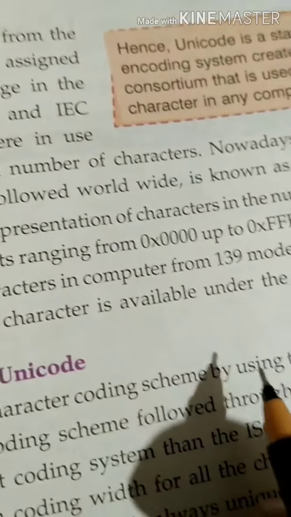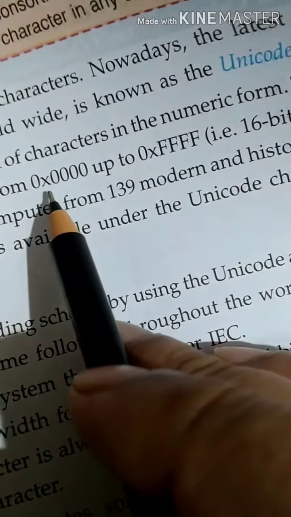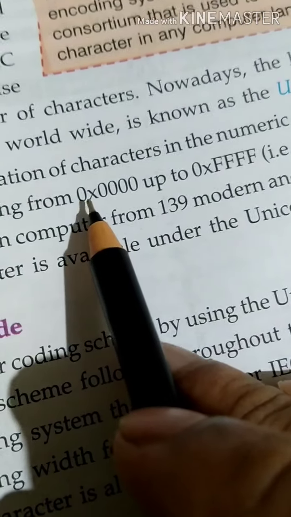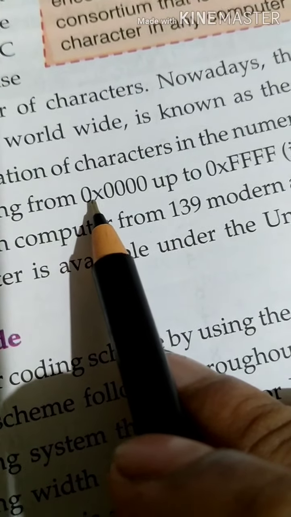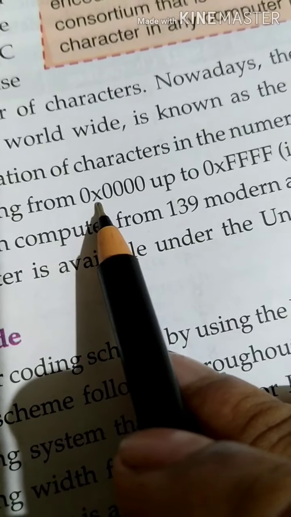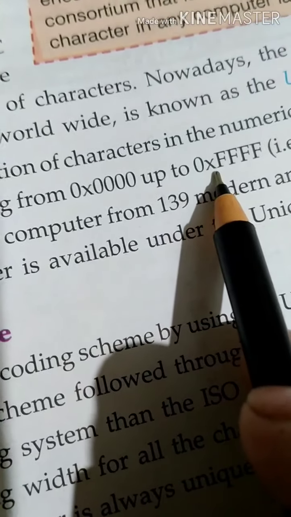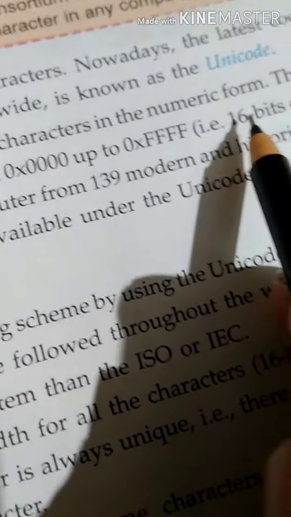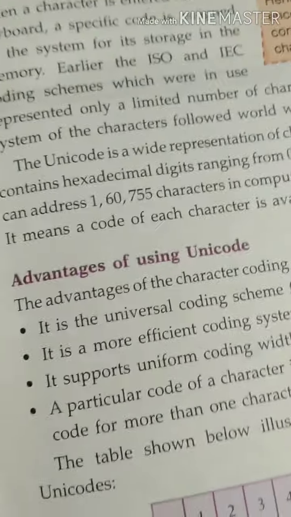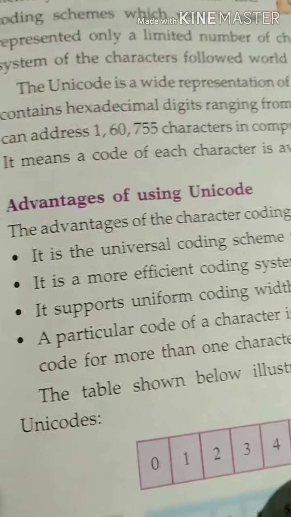This is the main symbol of hexadecimal code, and we represent hexadecimal code like this: 0x40 up to 0x4f. This is a 16 bit code. Why 16 bit? Because this is hexadecimal code.